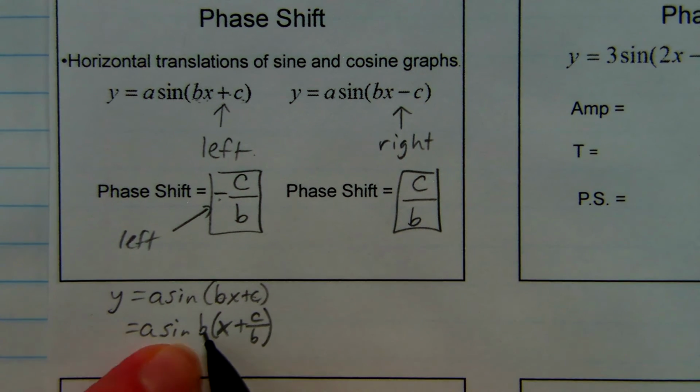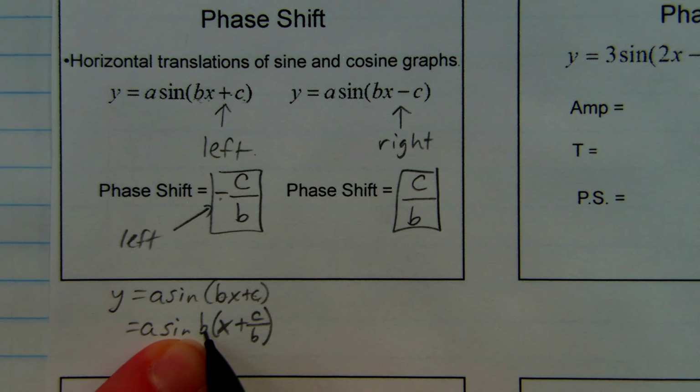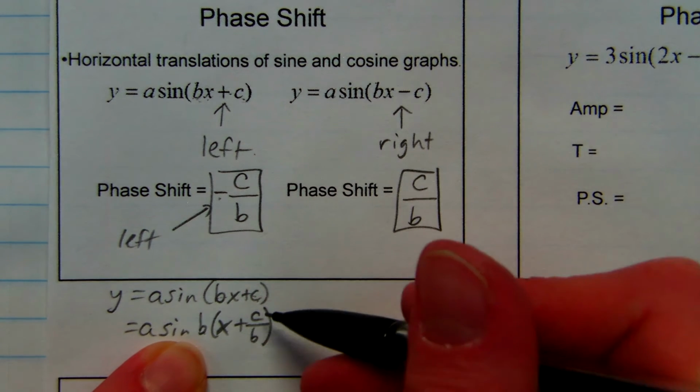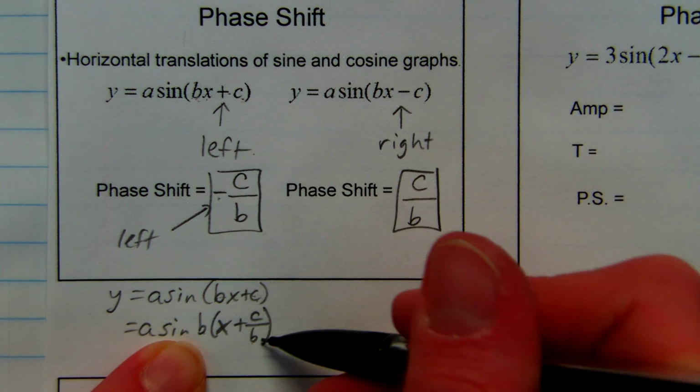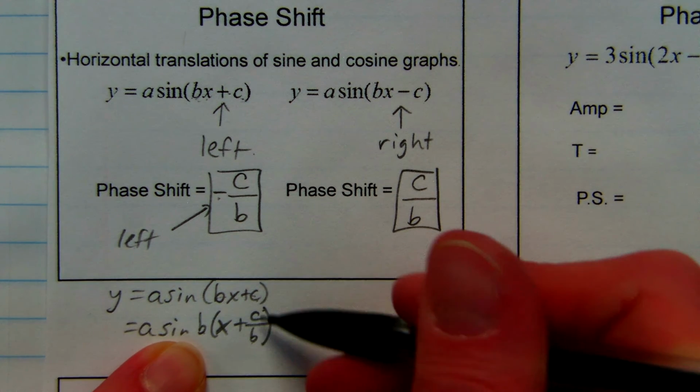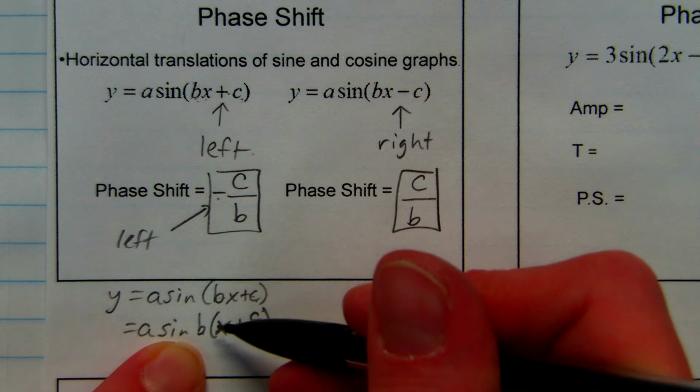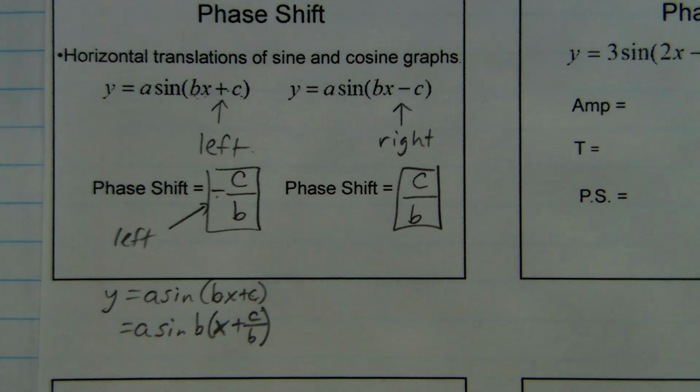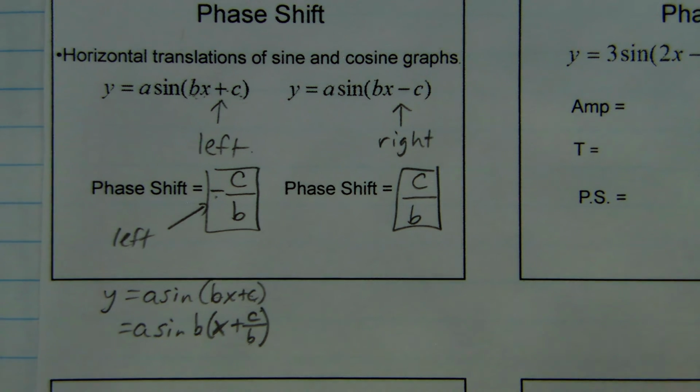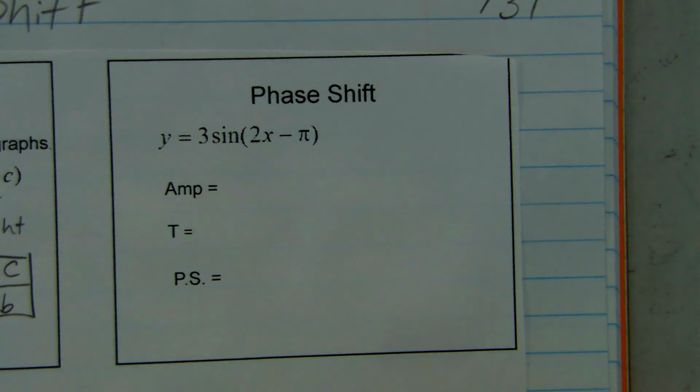So you still have this b out here that you can use to find the period of your function. And then this becomes c divided by b. So you can figure out how far left or right you're going with the different period of the function built in. It's a little complicated, but it works. All right, so explaining it's more complicated than doing it. Let's jump into an example and see how this is going to go.